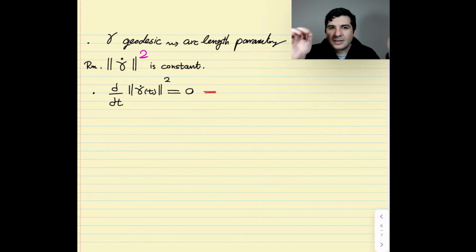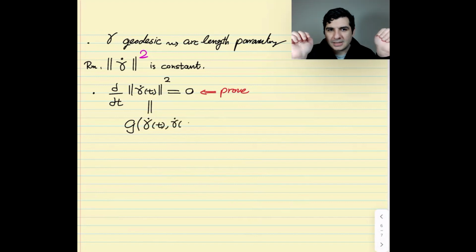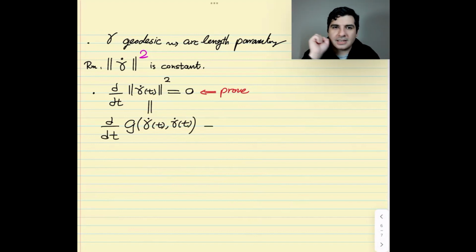Proving that the derivative of the norm of gamma dot squared with respect to time is 0 is slightly easier to work with. So what is the norm of gamma dot squared? It's the inner product of gamma dot with itself, so it's g of gamma dot and gamma dot. We want to show the derivative of this with respect to time is 0.